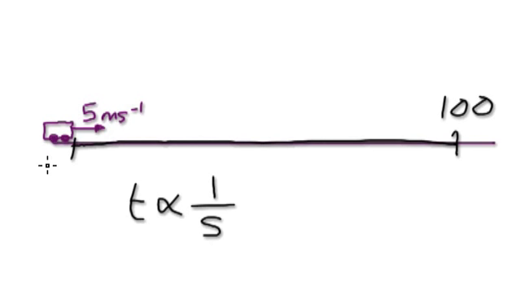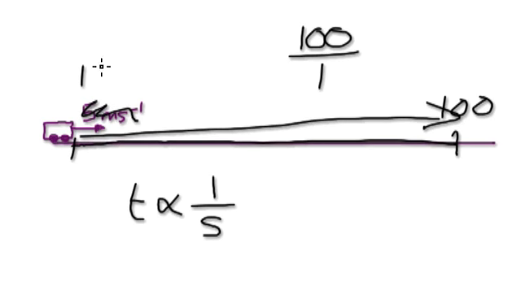If you're traveling at 1 meter per second, how long will it take you to cover a distance of 100 meters? Well, you would just get 100 divided by 1. So it would take you 100 seconds to cover this distance.